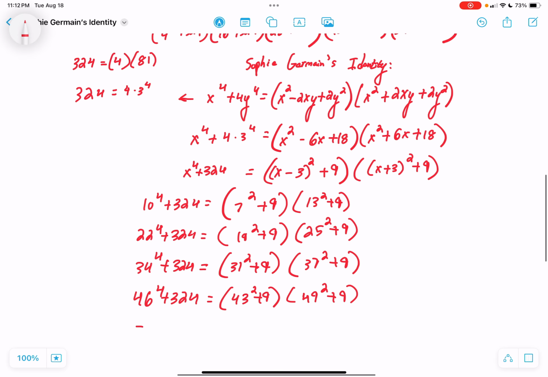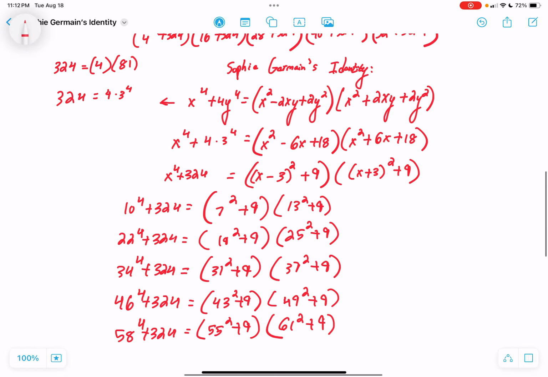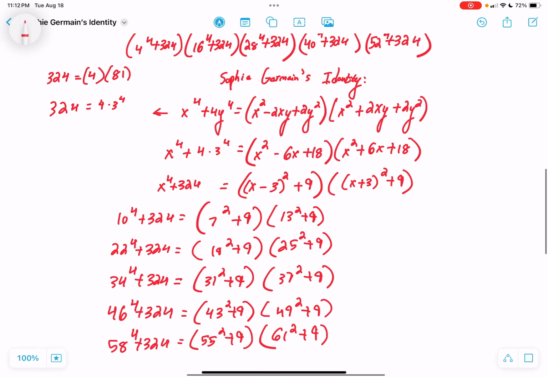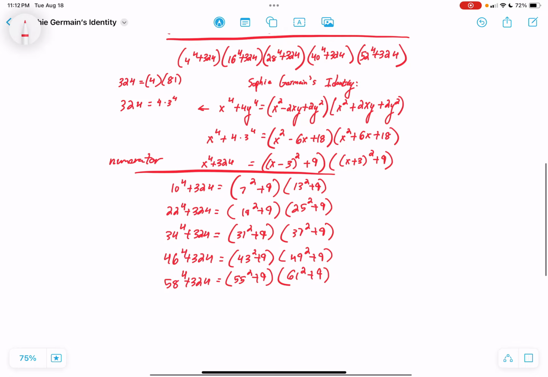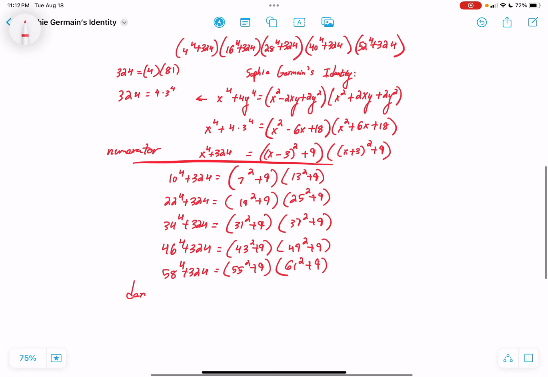And then we have 58 to the 4th plus 324, which equals 55 squared plus 9 times 61 squared plus 9. All right, so that's our numerator, right? I'm going to just label this here as that all of these factors are my numerator. Now let's think about what our denominator would be.